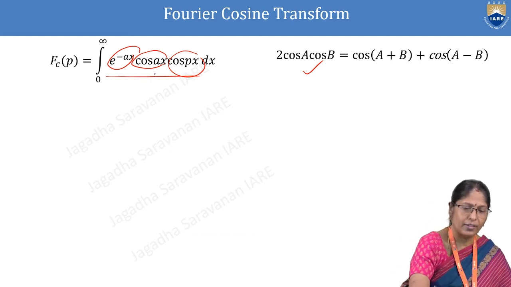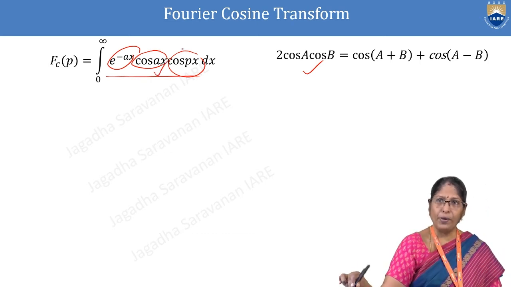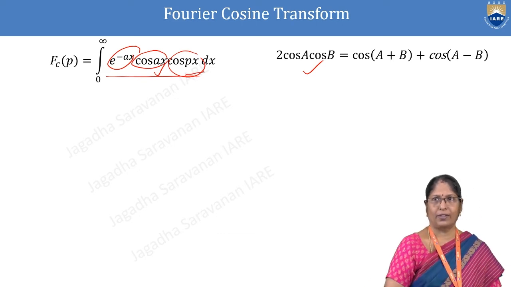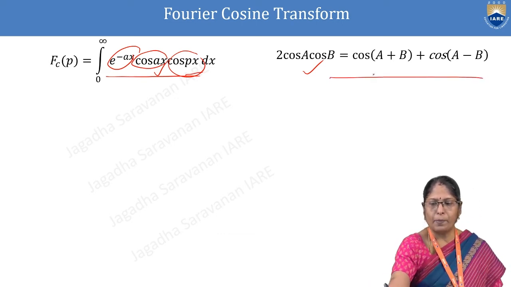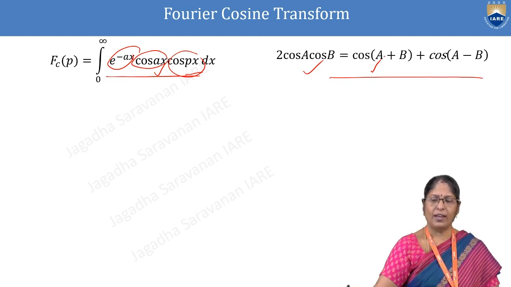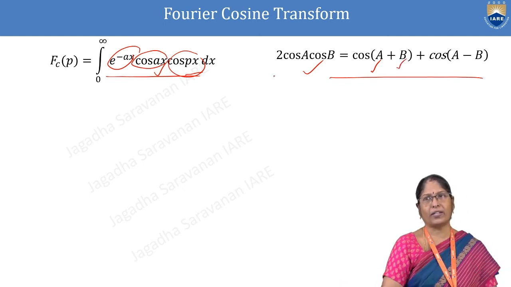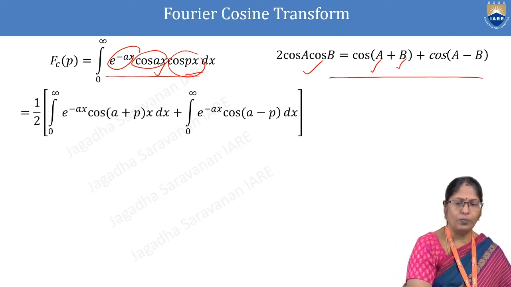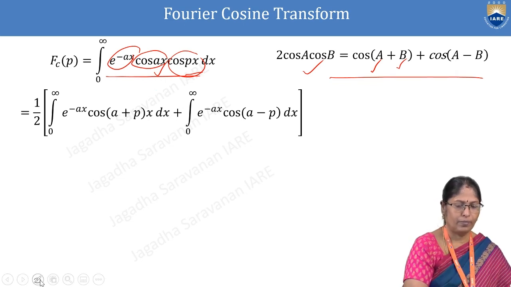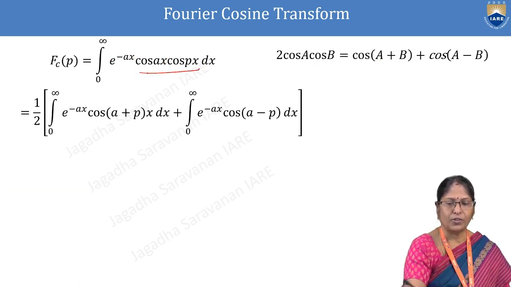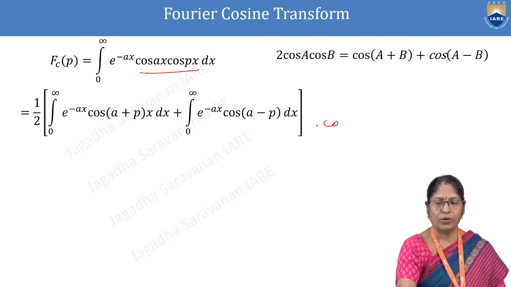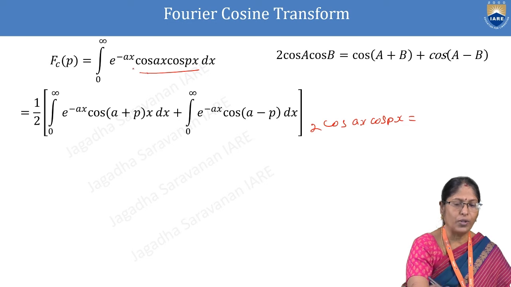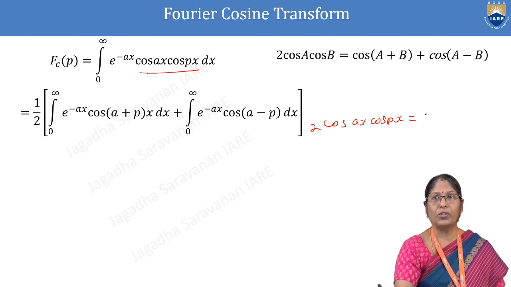Our A is ax, our B is px. So we are going to substitute ax in the place of A and px in the place of B. So here we have 2 cos ax cos px, but the 2 is not there here, so we are bringing it to the right side.